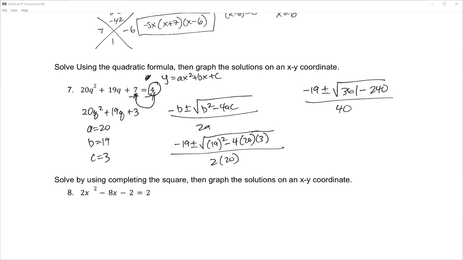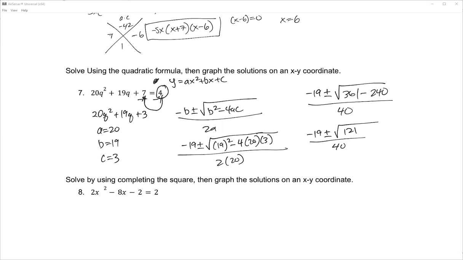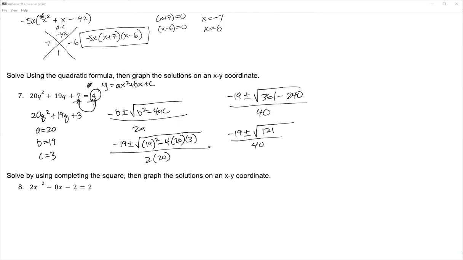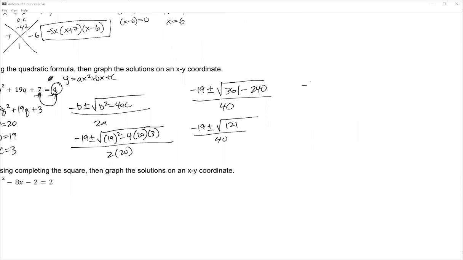You plug this all in, it'll be -19 plus or minus the square root of 121 all over 40. You compute this out, this is -19 plus or minus 11 all over 40 because the square root of 121 is 11. So -19 plus 11 over 40, and -19 minus 11 over 40.